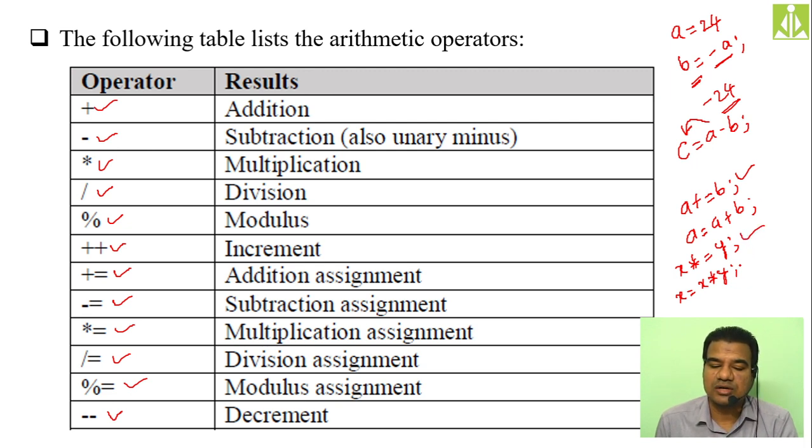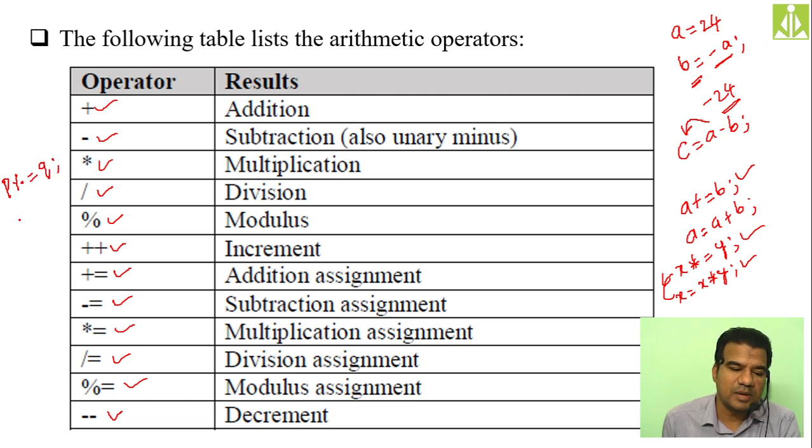This is the shorthand notation, and this is the actual meaning of that notation. Likewise, you have to remember. Same thing for the modulus operator. If you have P modulus equals Q, what does it mean? P equals P modulus Q. This is the actual version, and this is the shorthand notation. Likewise, you have to remember all the operators.